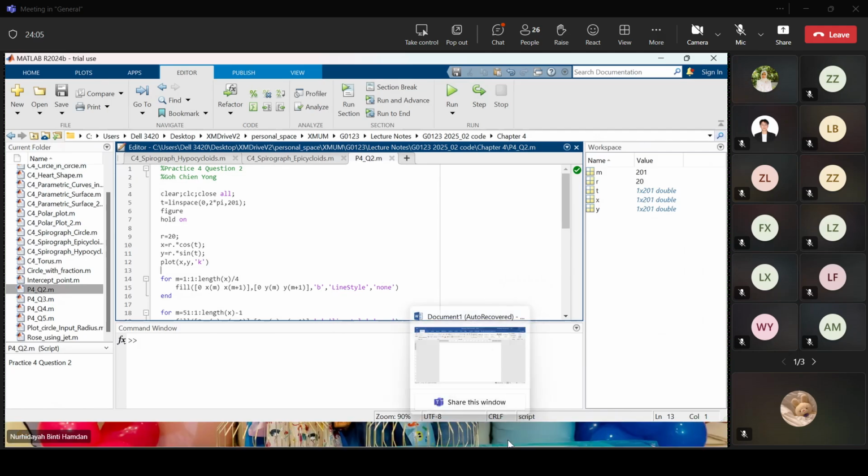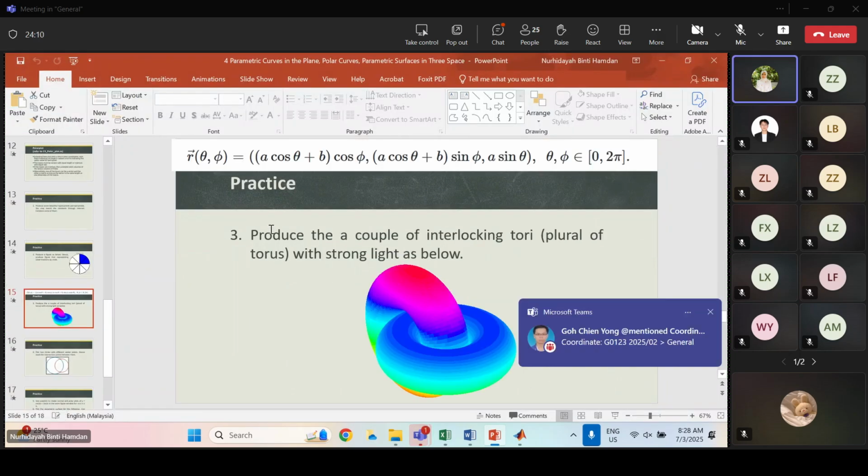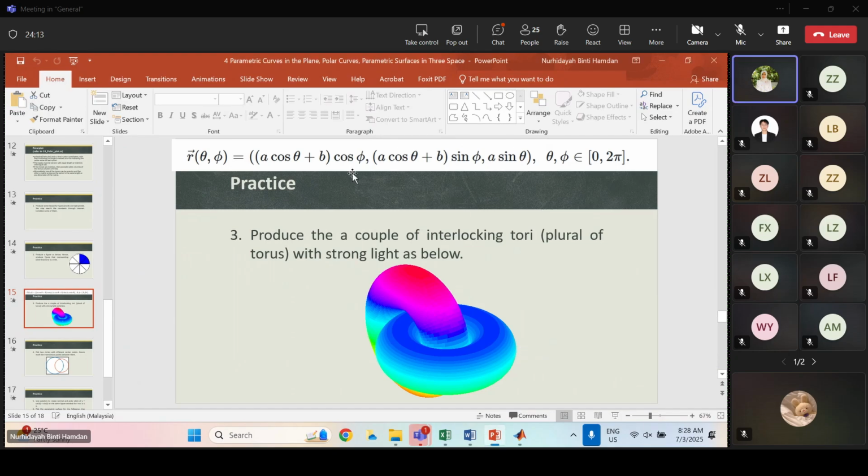Okay, do you get it? Next, this one is torus. This is the formula to create a torus, where R is a function of theta and psi: A times cosine theta plus B, times cosine theta, A cosine theta plus B sine theta, and our Z value is sine theta, so X, Y, and Z. Theta is between 0 to 2 pi.